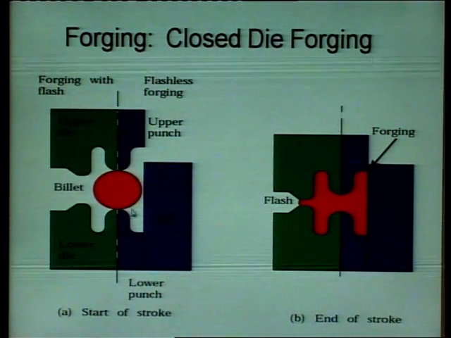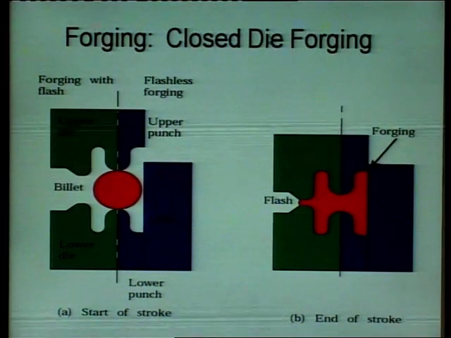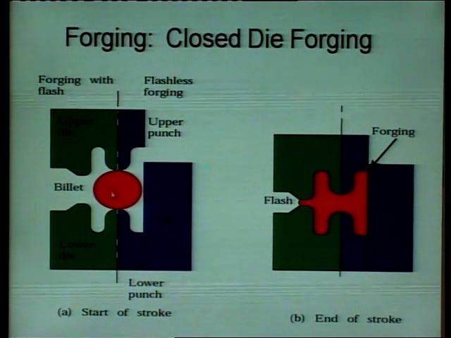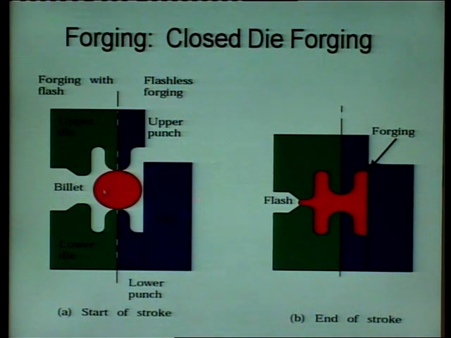Whereas just see this. This is closed die forging. This is the raw material, and this is the shape we want. We started with this raw material. This is the die, the upper half and the lower half.